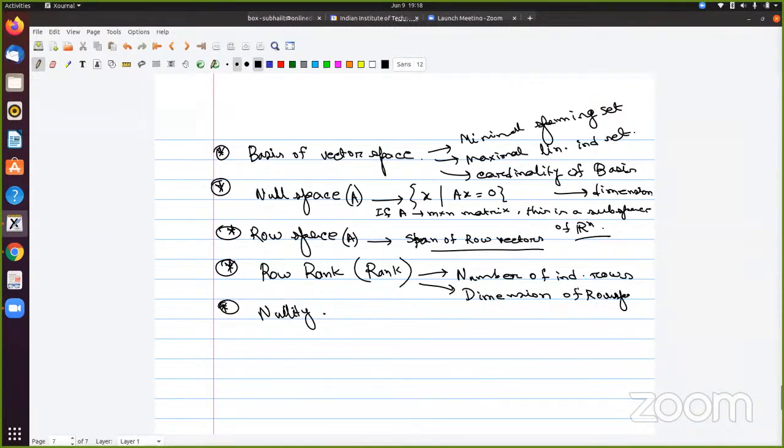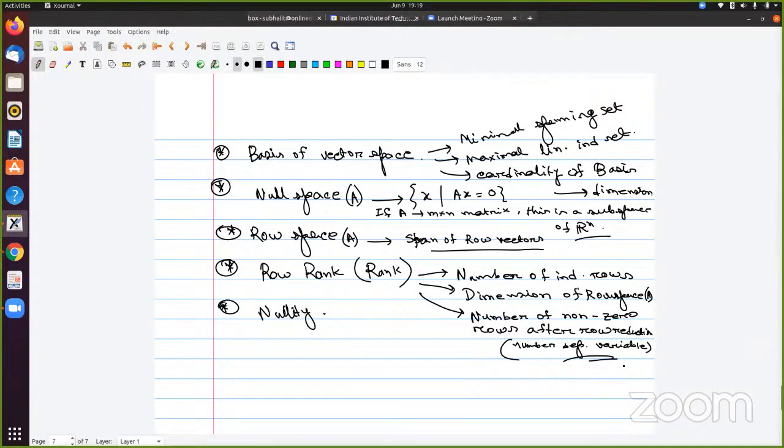Number of non-zero rows after row reduction. So all these are the same thing, correct? So this is basically the number of dependent variables, if you want to remember in that language. Okay, clear?